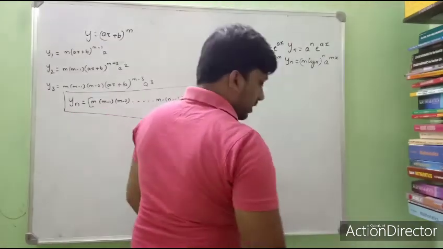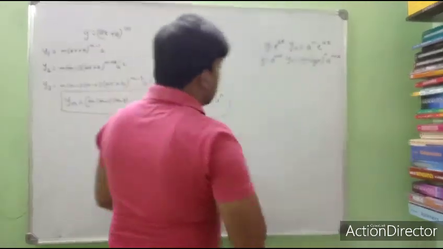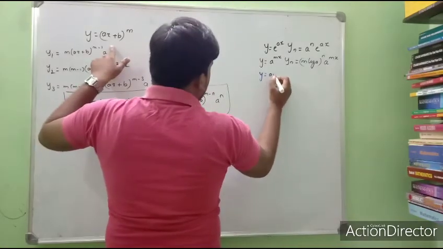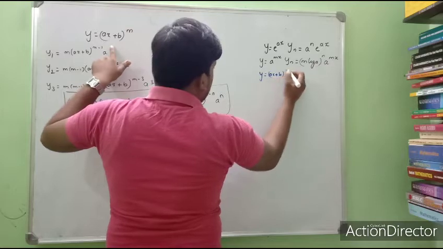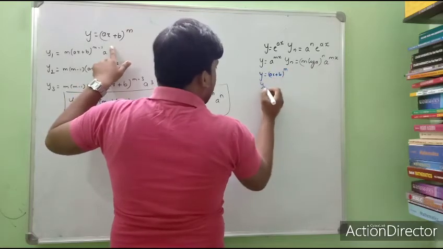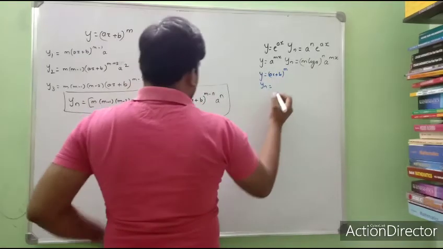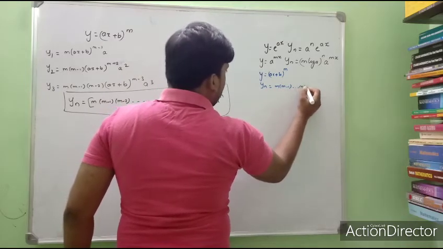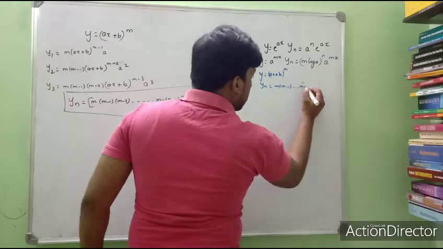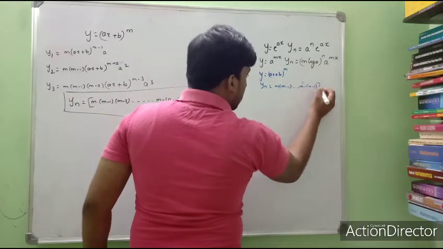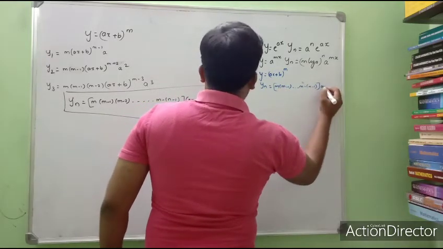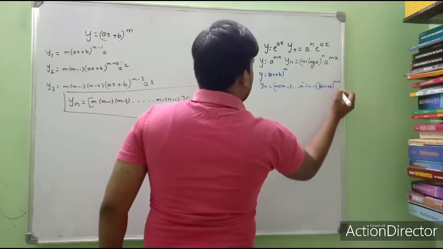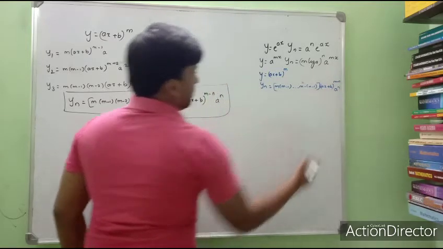Just we can write it here. So y is equal to, of the form (ax plus b) to the power of m. So what will be yn? Then yn will be m into m minus 1 and so on to m minus n plus 1 into (ax plus b) to the power of m minus n into a to the power of n.